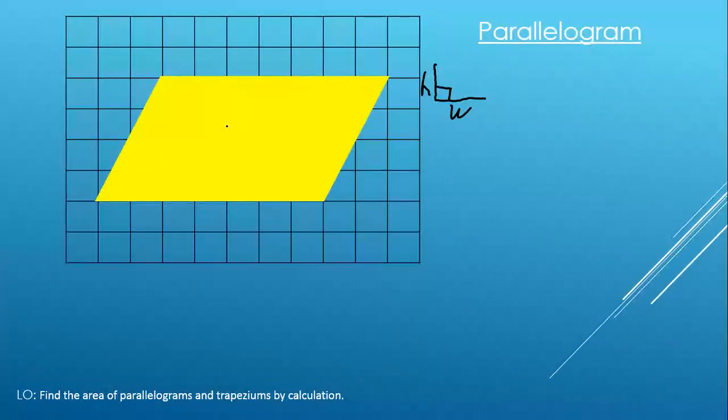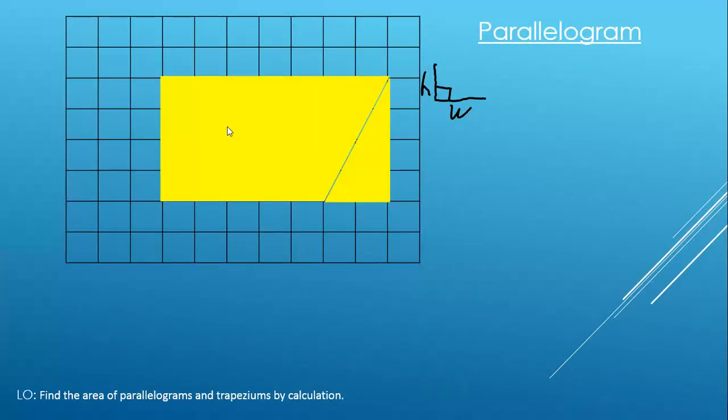But if I was to move this along slightly with my amazing animations, you can see that if you cut off the triangle that was here just a second ago, we've now moved it over here. And as you can see, this actually does form a rectangle. So because of this, we can just do the vertical height here, 1, 2, 3, 4. That's 4 centimeters.